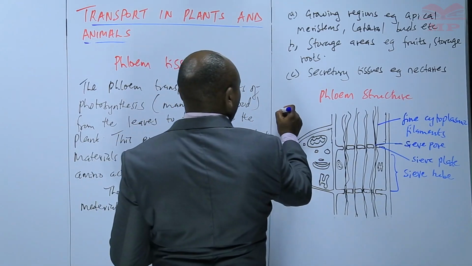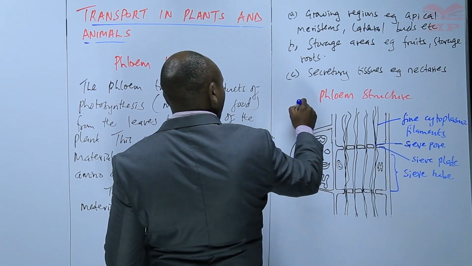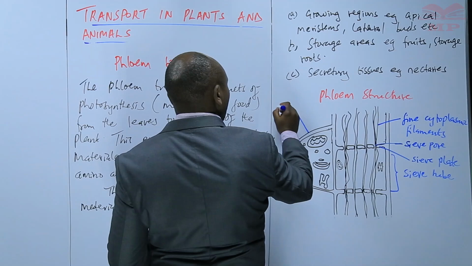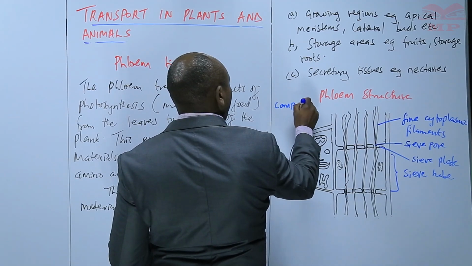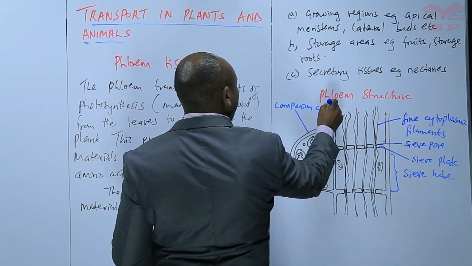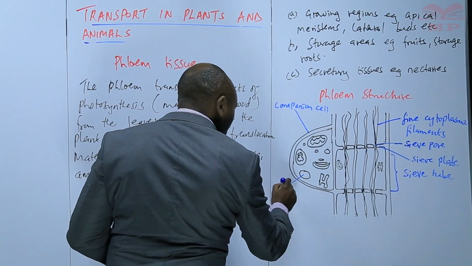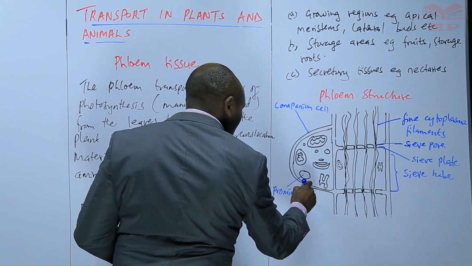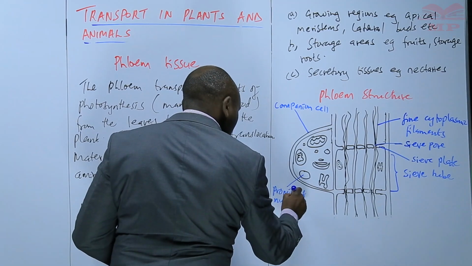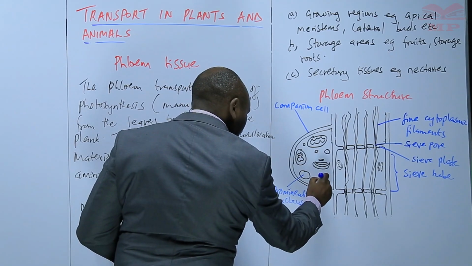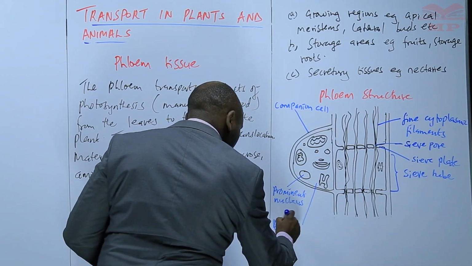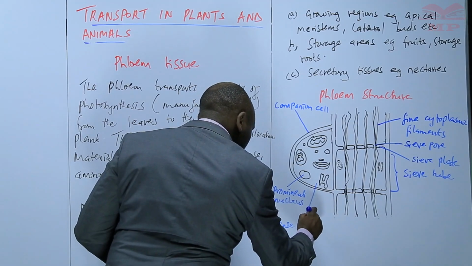On the other side, we have a cell that we refer to as the companion cell. Of course, with a very prominent nucleus and a dense cytoplasm.